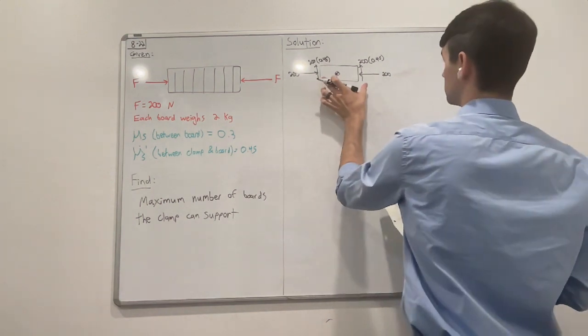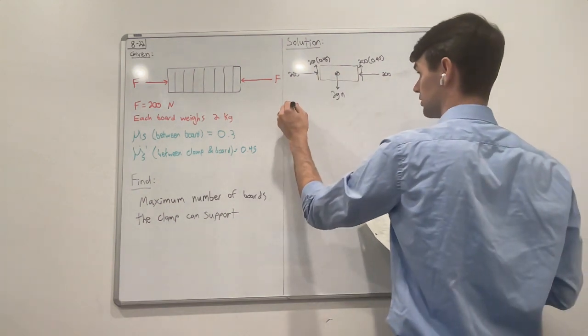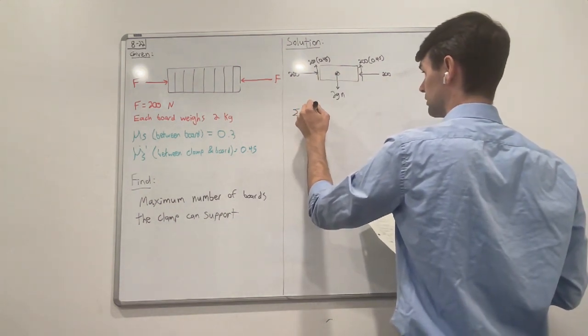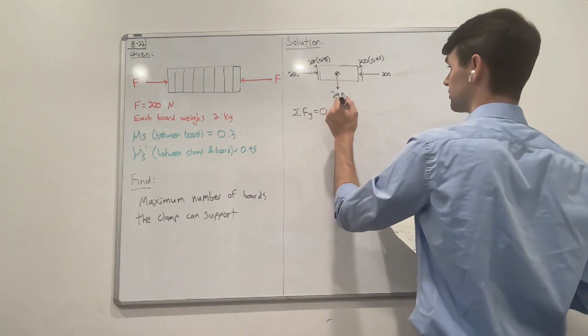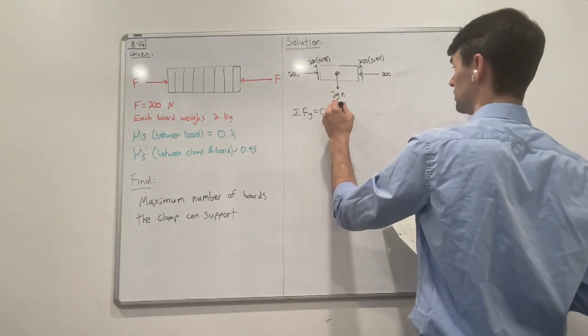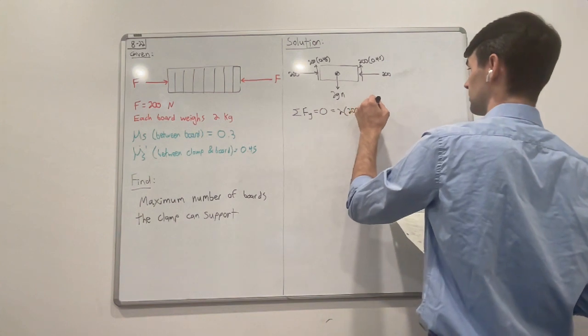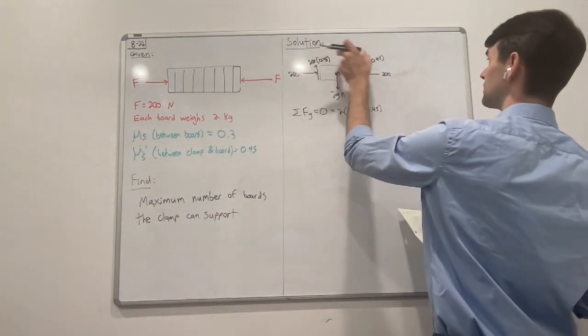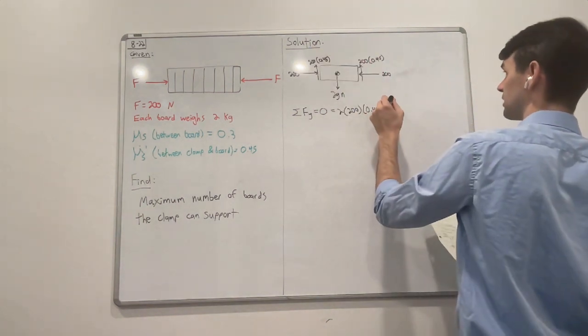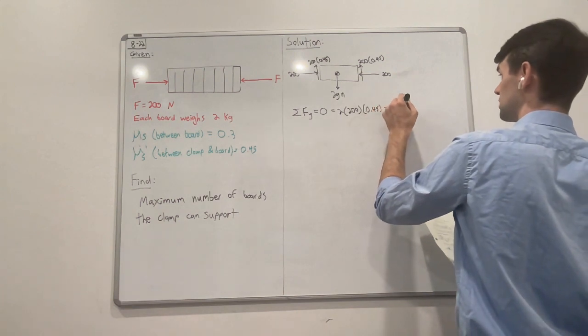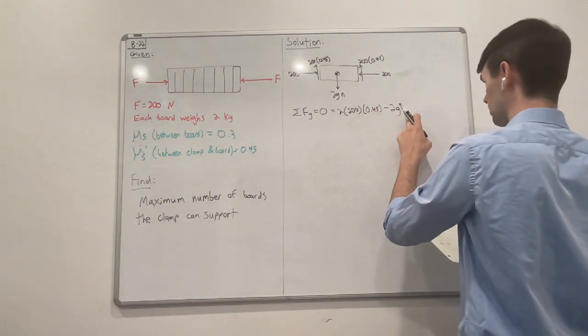All we have to do is look at the sum of the forces in y. The sum of the forces in y equals 0, and based on this free body diagram, that's 2 times 200 times 0.45, combining these friction forces right at the get-go, minus 2gn, and we're solving for n.